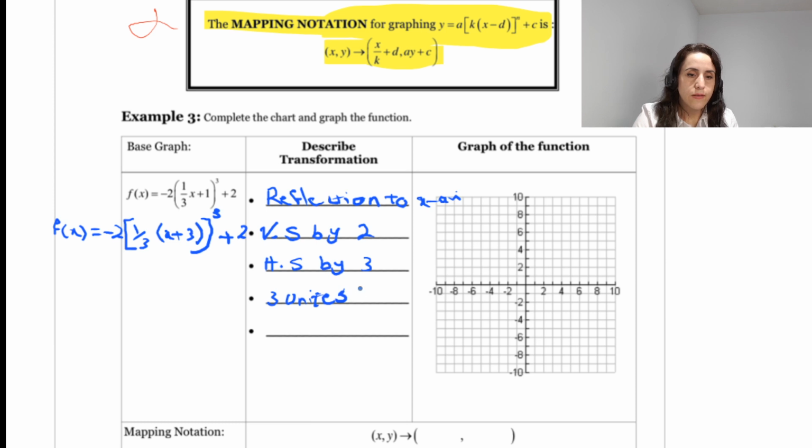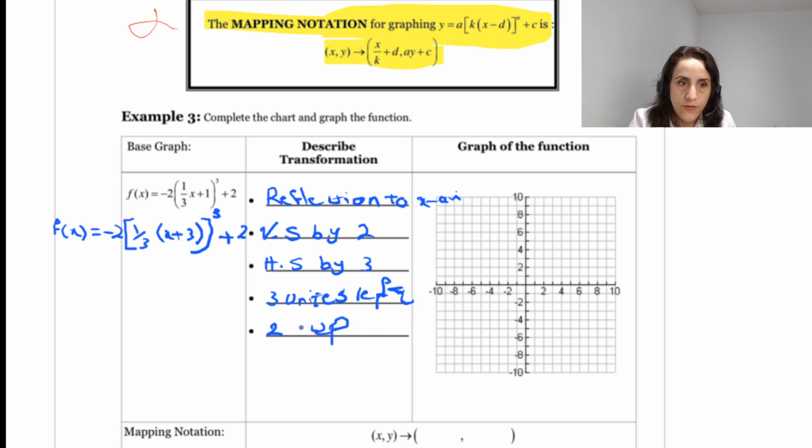Three units left. How about the 2? We said that the 2 is going to be 2 units up.